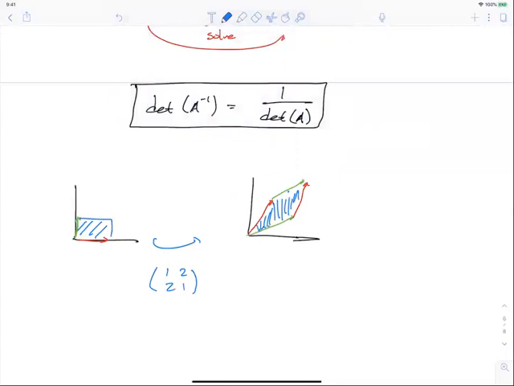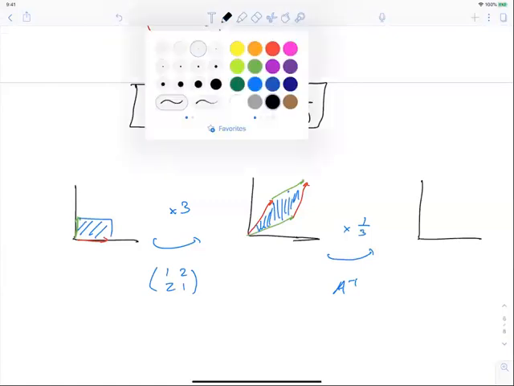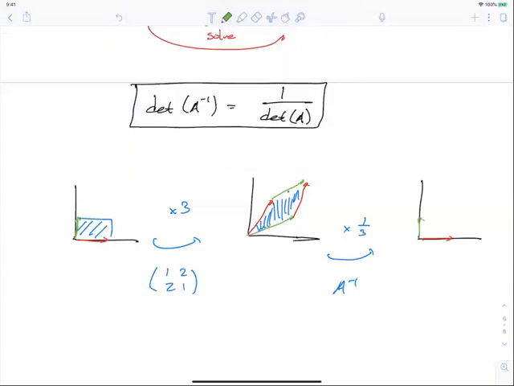Well, to invert this process, to go back to where we started, we have to multiply that area by the inverse of what we started with. So in fact, we have to multiply this by 1/3 or minus 1/3 if we're keeping track of the signs. And then we get the unit box back. So the expansion factor is exactly the inverse of the original one to get the inverse. So that's the geometric explanation.